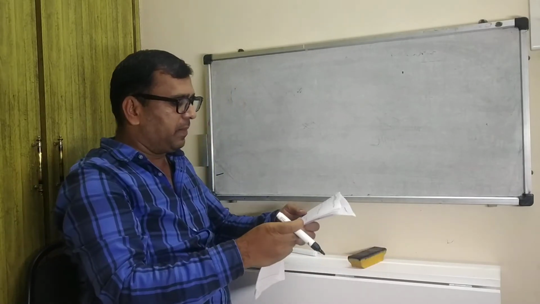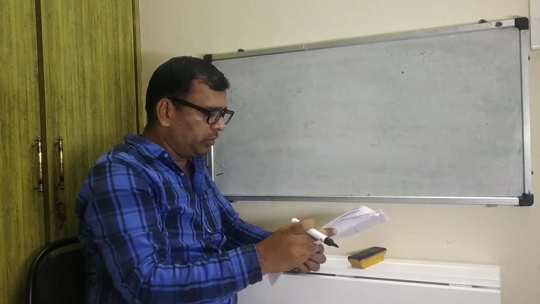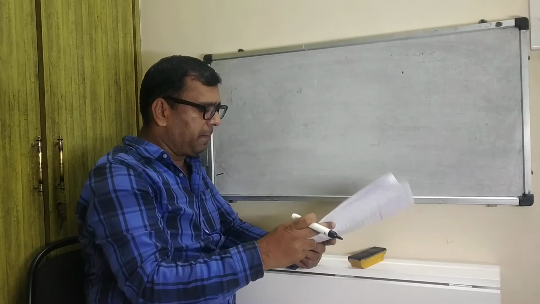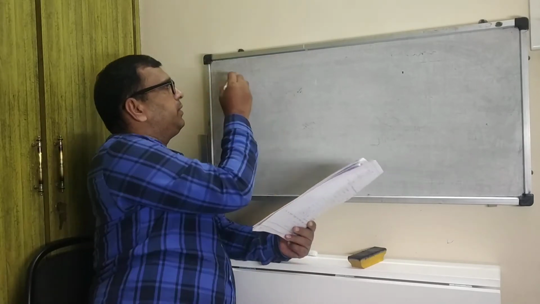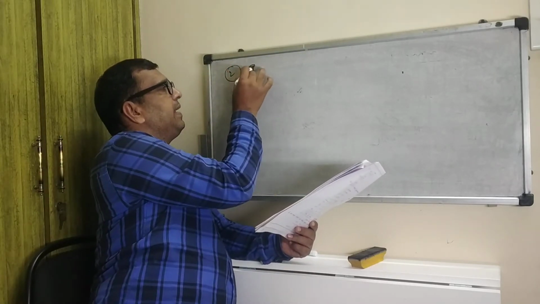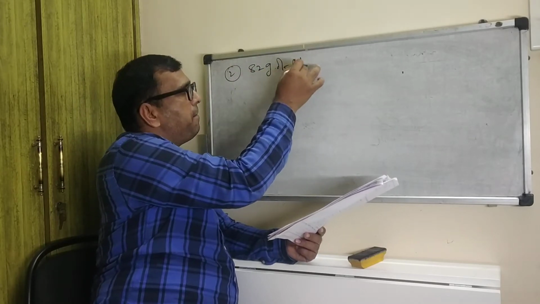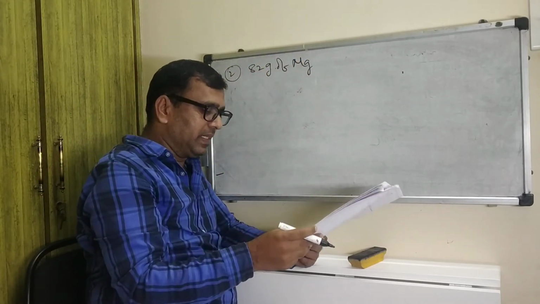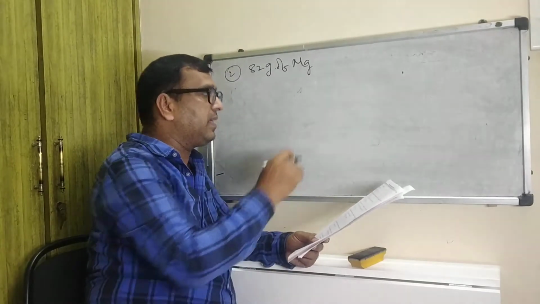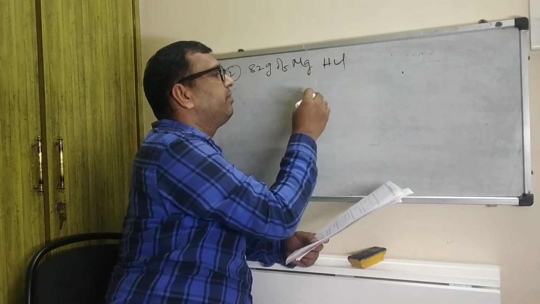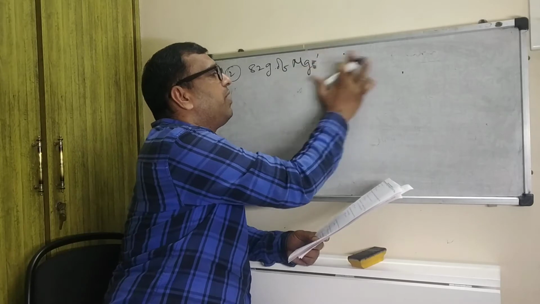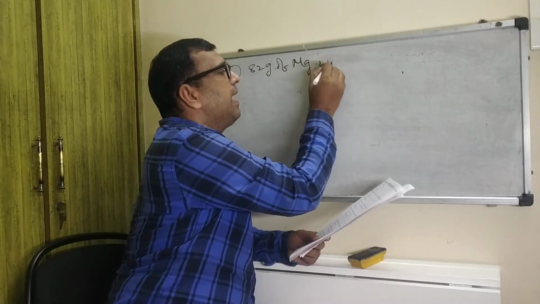Suppose I will give you another problem. Suppose here 82 grams of magnesium is allowed to react with HCl.